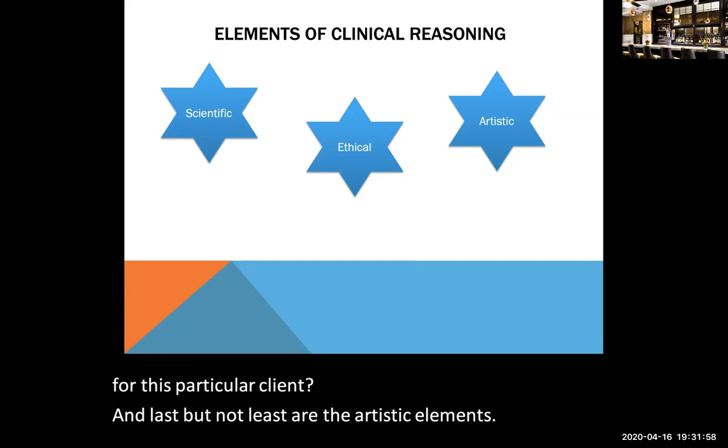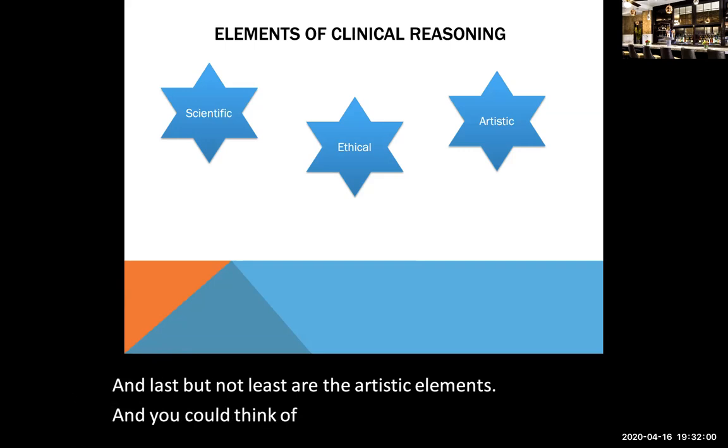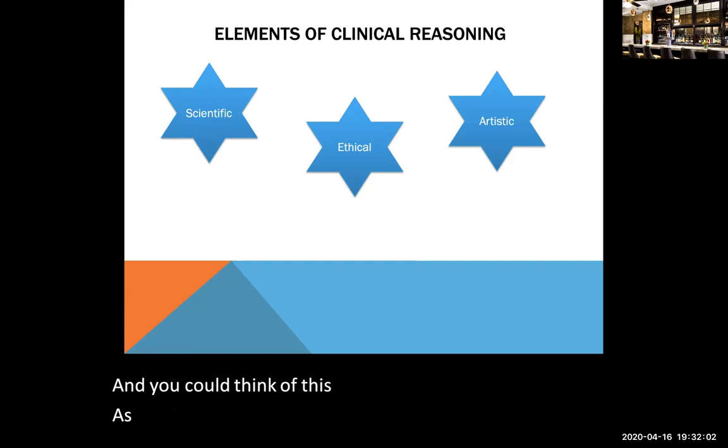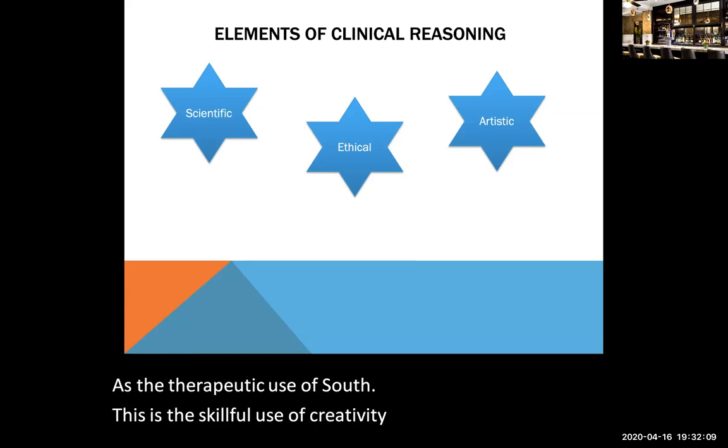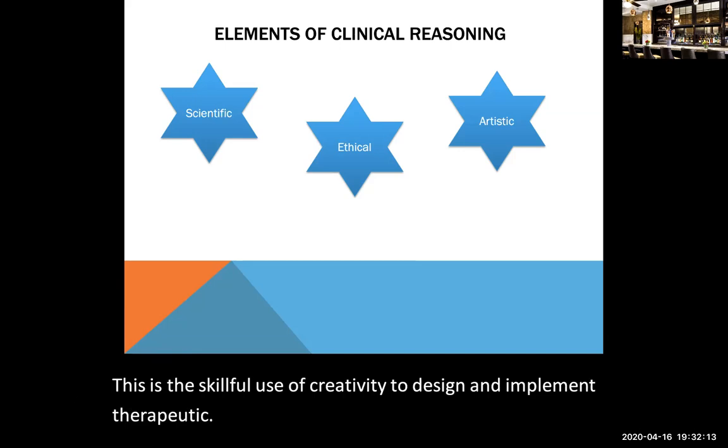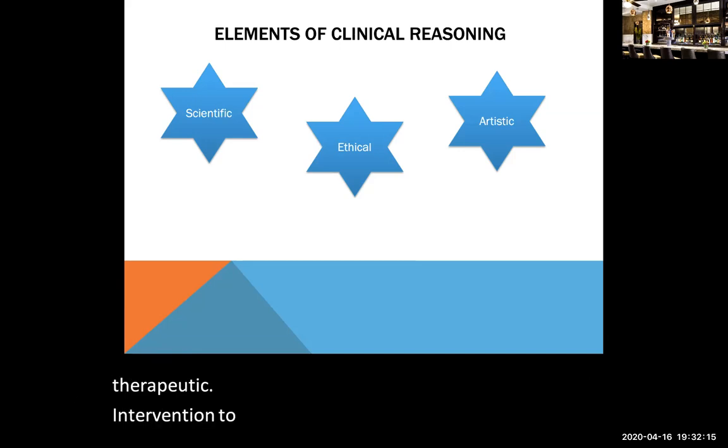And you could think of this as the therapeutic use of self. This is the skillful use of creativity to design and implement therapeutic intervention to support the specific needs of a client.